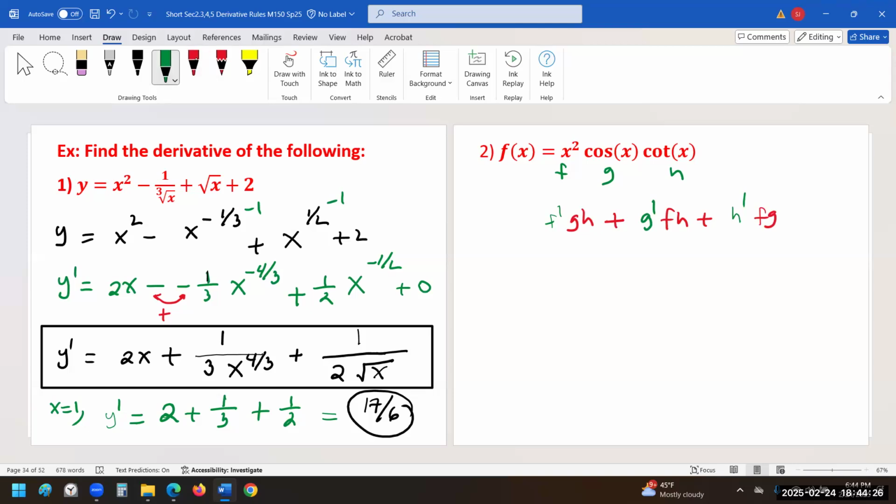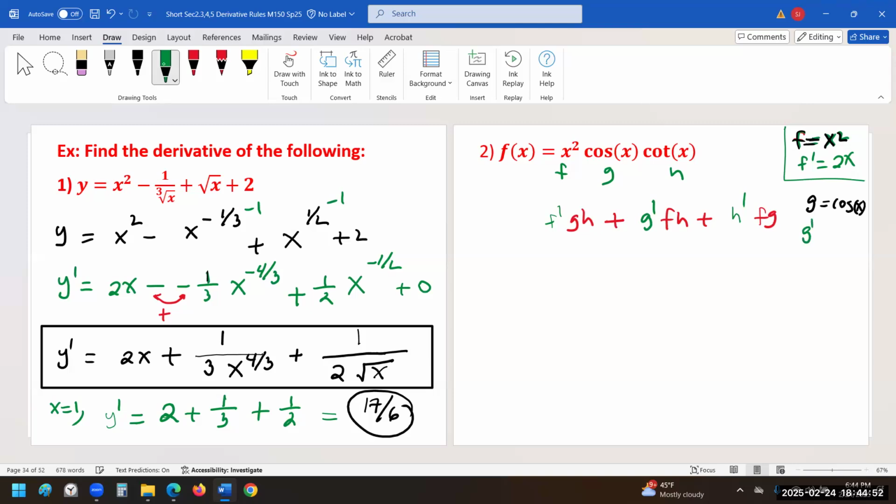So our f function, now let me change color. F function is x squared. Then what is f prime? 2x. Our g function is cosine x.